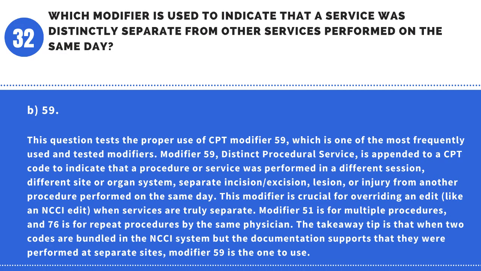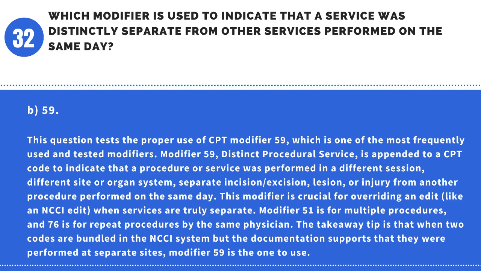This question tests the proper use of CPT modifier 59, which is one of the most frequently used and tested modifiers. Modifier 59, distinct procedural service, is appended to a CPT code to indicate that a procedure or service was performed in a different session, different site or organ system, separate incision/excision, lesion, or injury from another procedure performed on the same day.